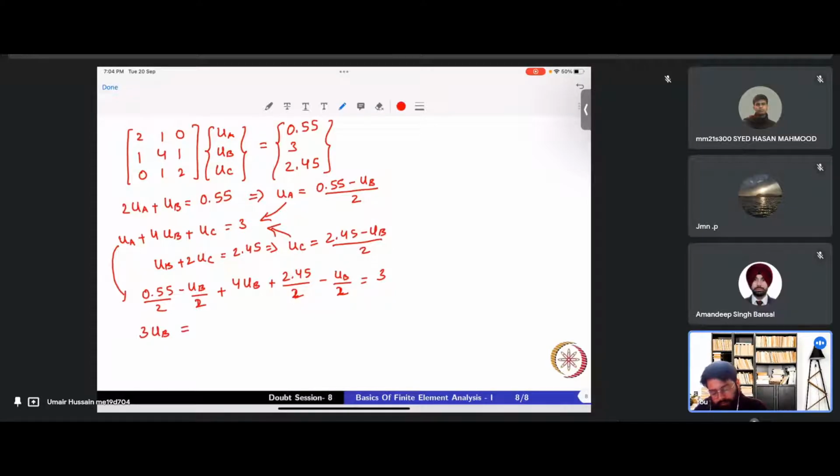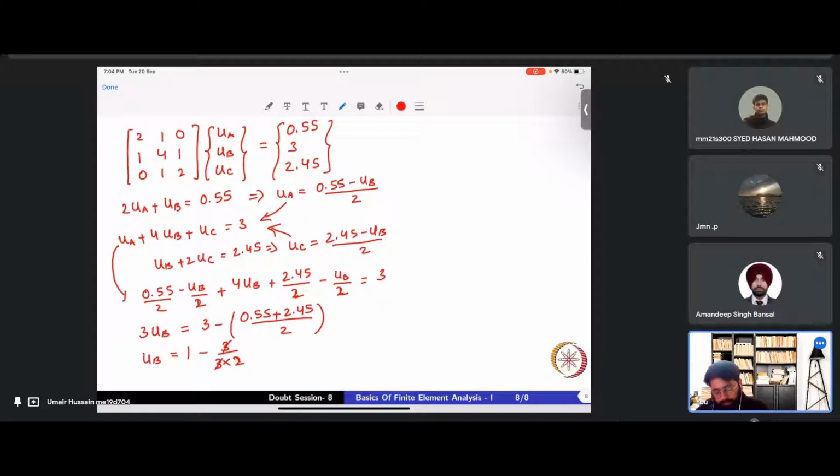and on the right hand side we'll take all the constants. We have 3 minus 0.55 plus 2.45 by 2, and this gives us ub equals to 1, and then 0.55 plus 2.45 makes 3, and this 3 comes down as 3 by 2.